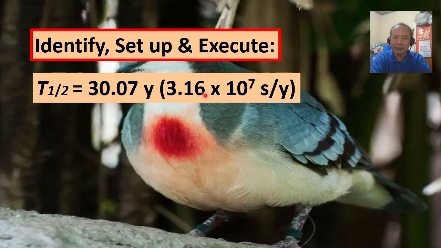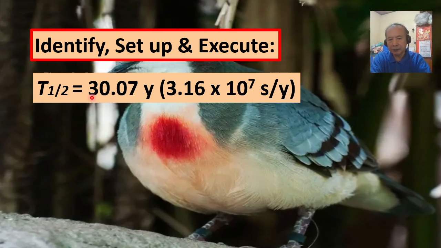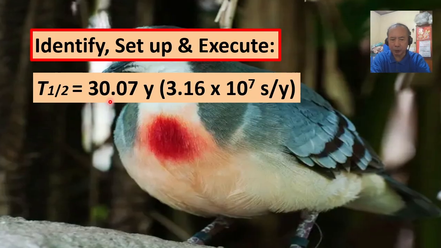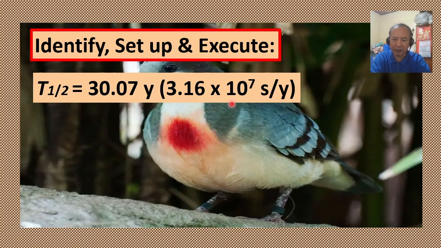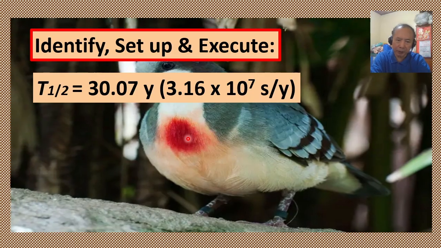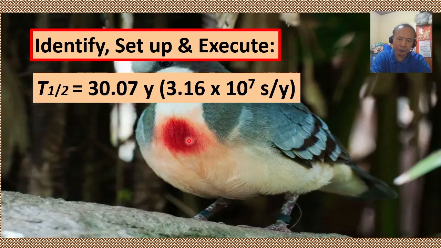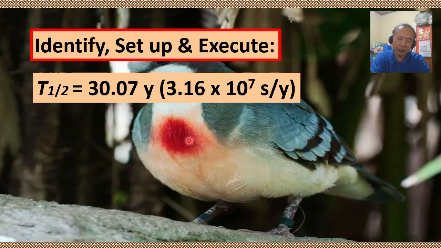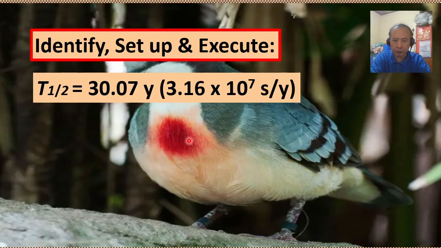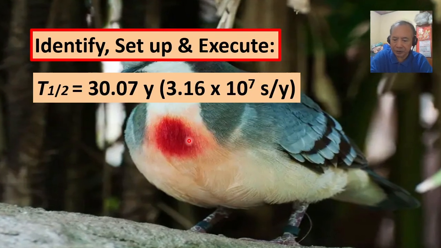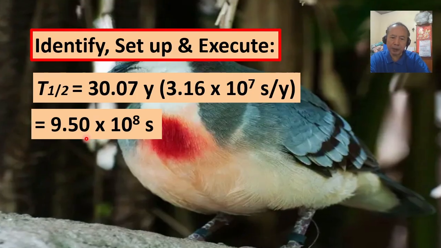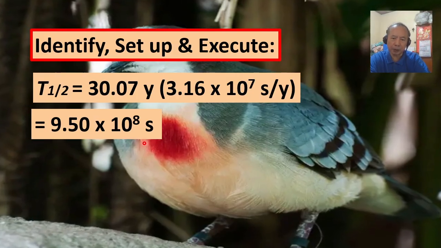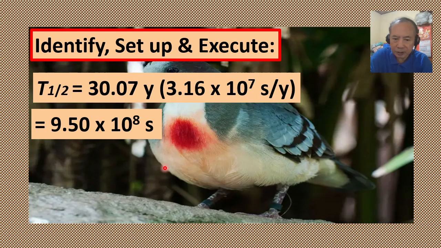So multiplying that by the given half-life in years, or 30.07 years, times 3.16 times 10 to the 7 seconds per year, we obtain the half-life of cesium-137 isotope in seconds, equal to 9.50 times 10 to the 8th power seconds.